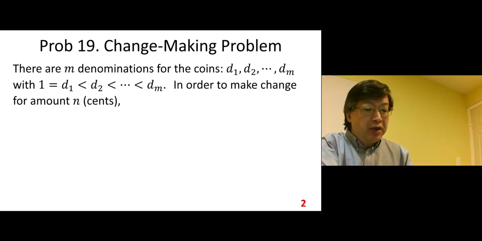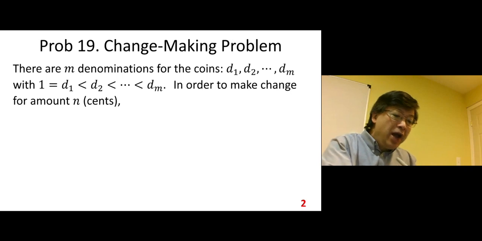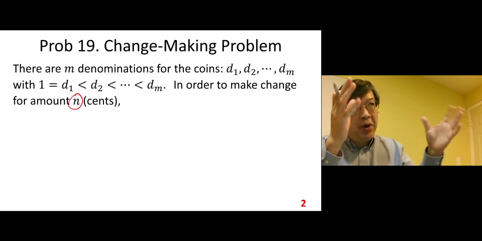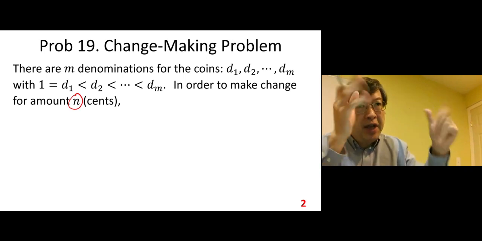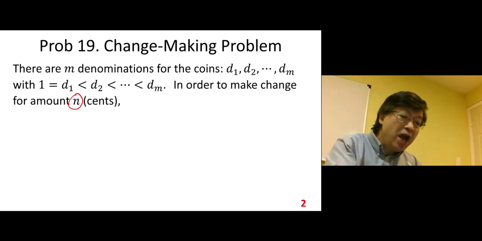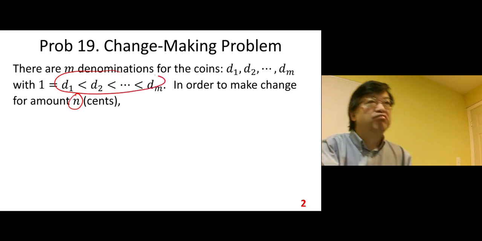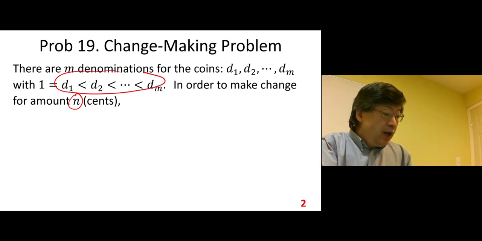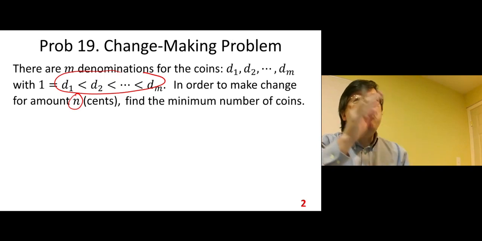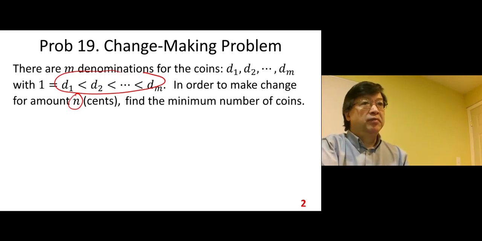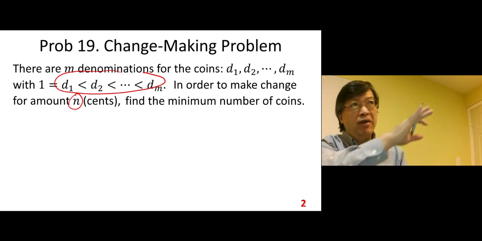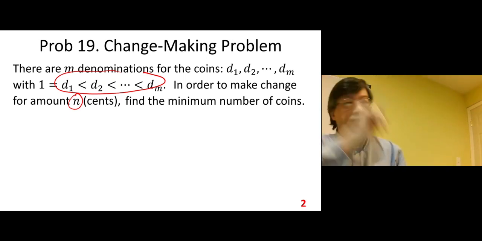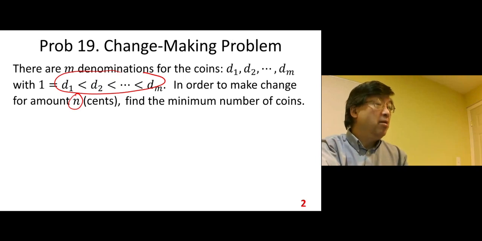In order to make change for amount n cents, we need to get total n cents using these m denominations. You have many different ways. Among all those ways, find the minimum number of coins.